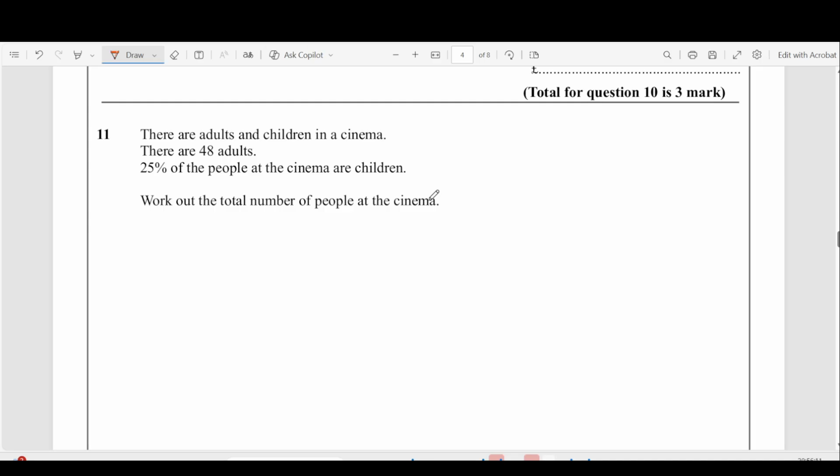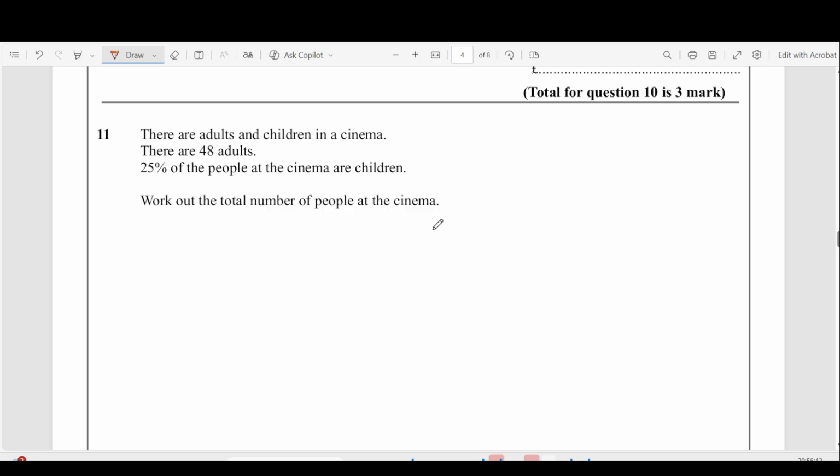So question 11 says there are adults and children in a cinema. There are 48 adults. 25% of the people at the cinema are children.